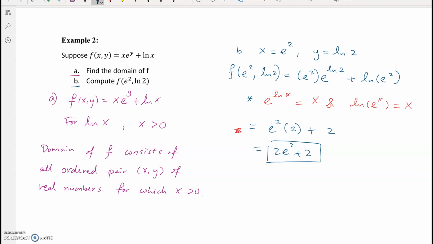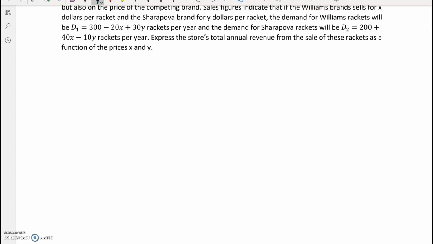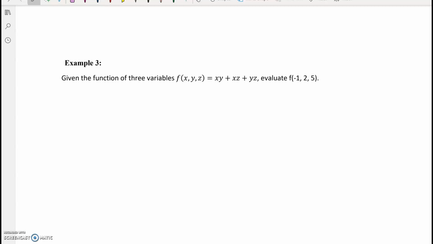We can not only have 2 variables, we can also have 3 variables. Example 3 says, given the function of 3 variables, f of x, y, z equals xy plus xz plus yz, we want to evaluate the function f at -1, 2, and 5.